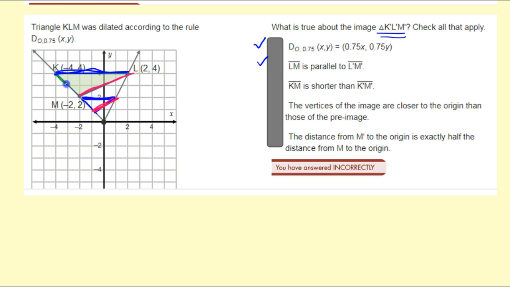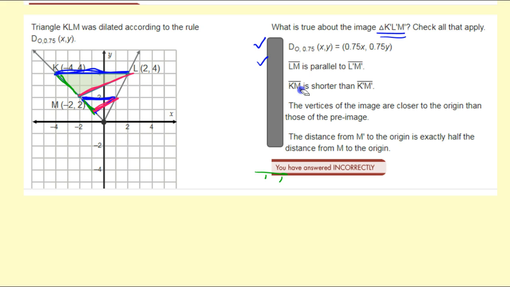And do you see how this side is parallel? Well, okay, these are actually on the same line. But the point is, when you have a dilation like this, the corresponding sides are parallel. So if I say side KL, that's going to always be parallel to K prime L prime. Okay, because they're corresponding sides.